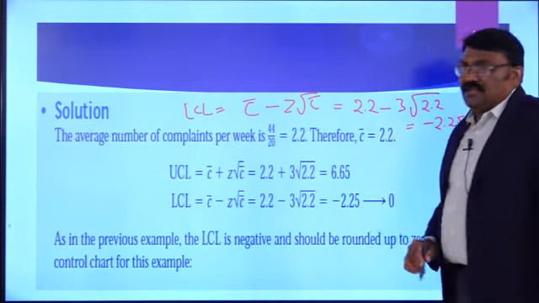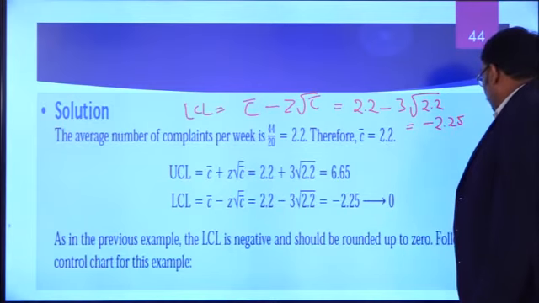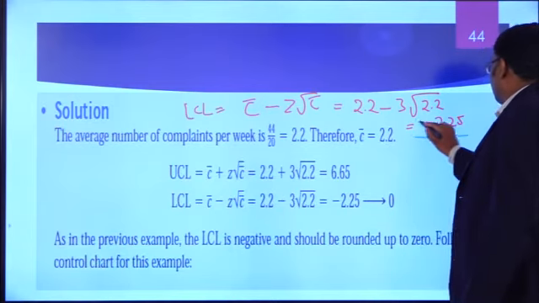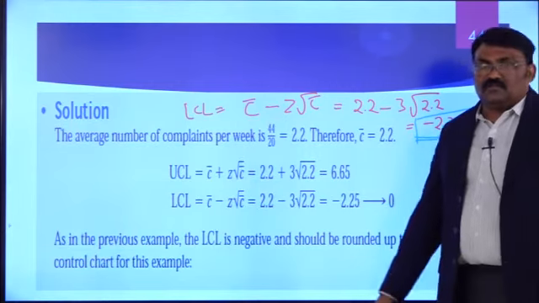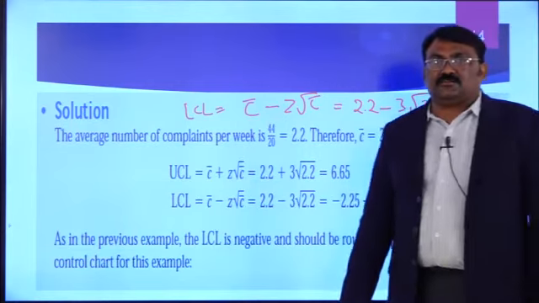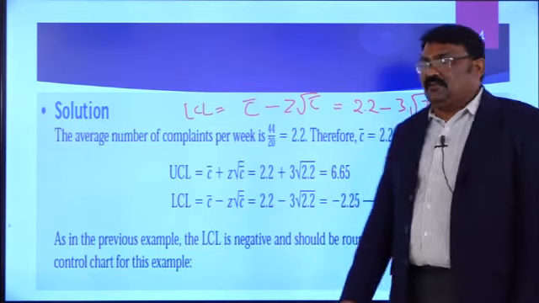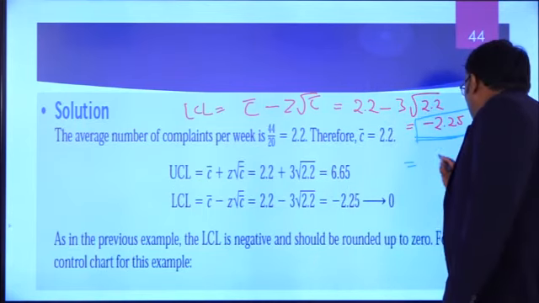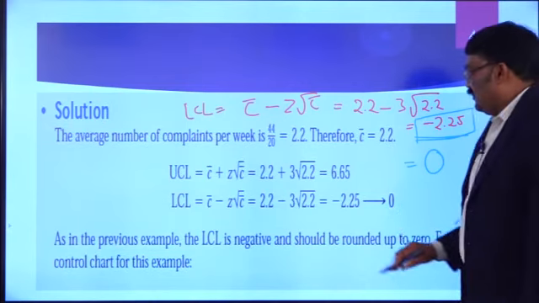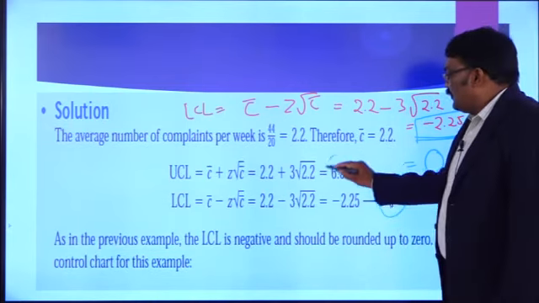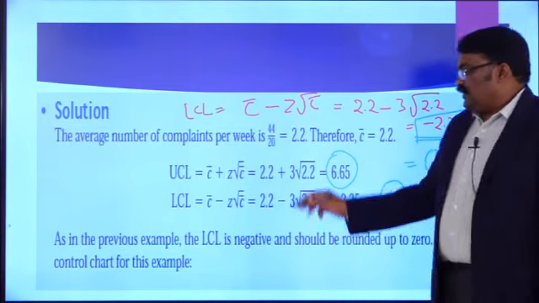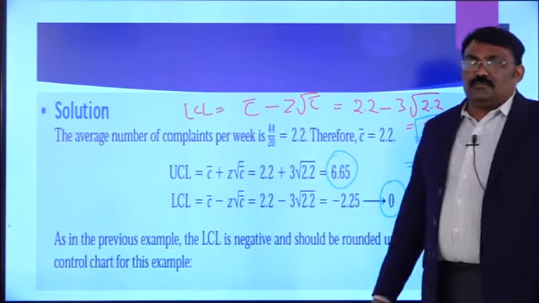As I already mentioned, you should not take the negative value into consideration. The negative value will not be accepted in the quality acceptance level, so this value will become 0. So, the LCL value will become 0. The upper control limit is 6.65 and the LCL value is equal to 0.